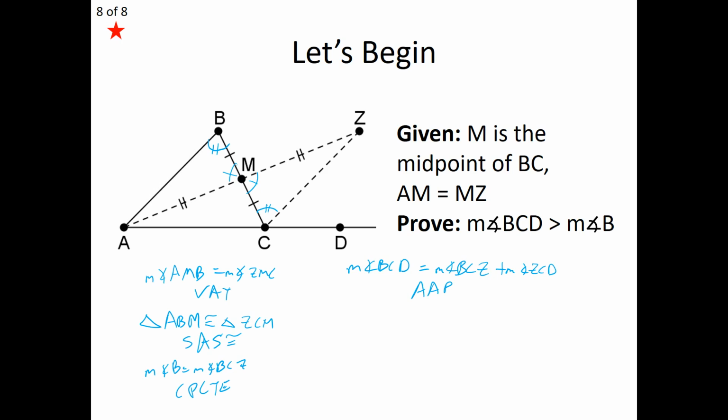Now, we always know the whole is greater than the part, so I can declare that the measure of angle BCD is actually greater than the measure of angle BCZ by the whole greater than part theorem.